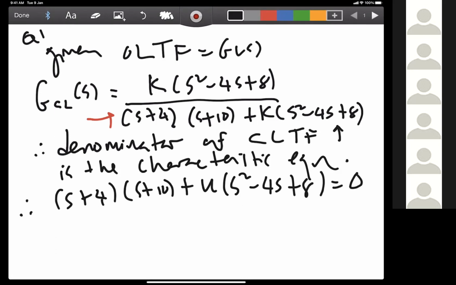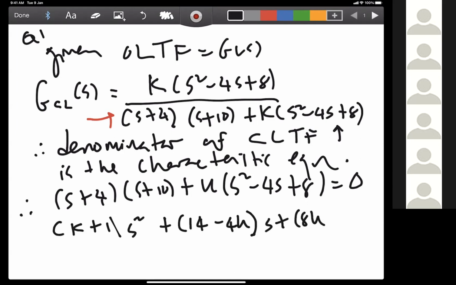Then we simplify. So it will become what? Can you simplify it? (K + 1)s² + (14 − 4K)s + (8K + 40) equal to 0.